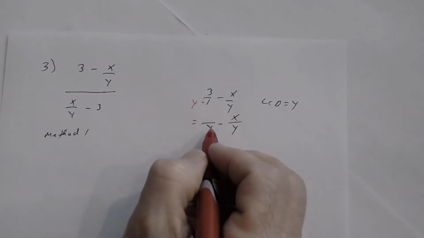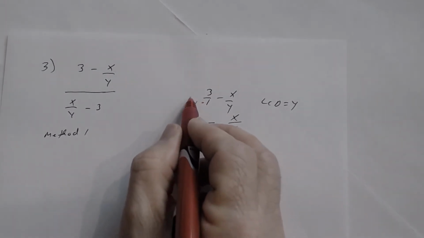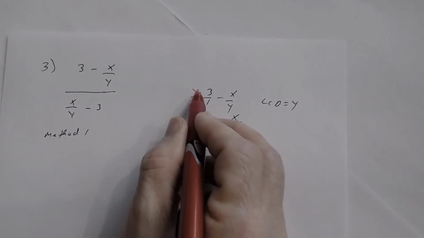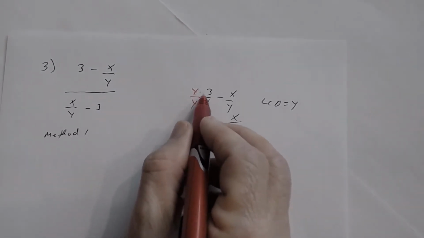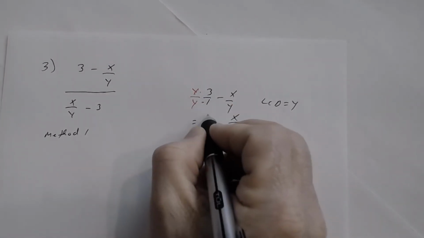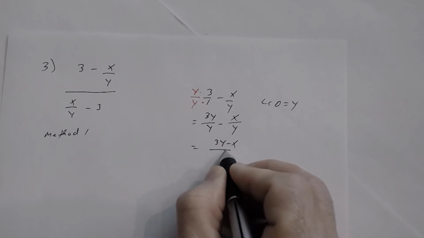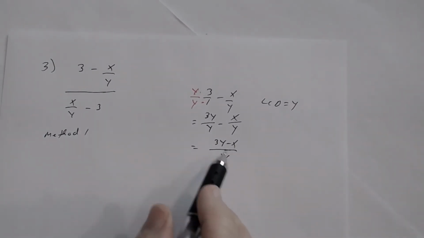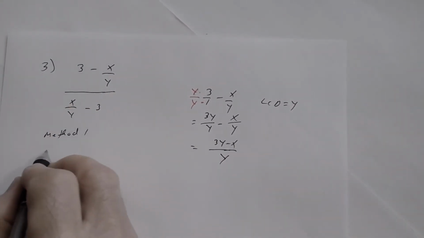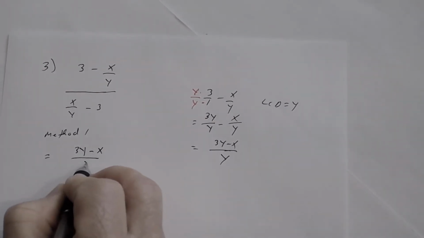So 3 is equivalent to what fraction with y as the denominator? So whatever I do to the denominator, I got to do the same thing to the numerator, so I got to multiply the numerator by y, and so you get 3y. So now we have 3y minus x in the numerator divided by y. So that's going to be this part. So this is going to be 3y minus x divided by y.